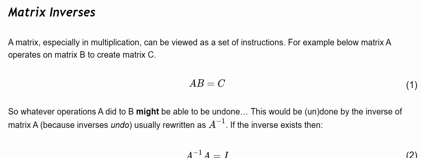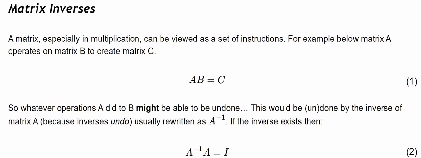So guys, starting with matrix inverses, the first rule that you should know is that in multiplication, matrix A and matrix B, if they operate on each other, they can create a different matrix, which is C. So A into matrix B will give you a totally different matrix, which could be anything.